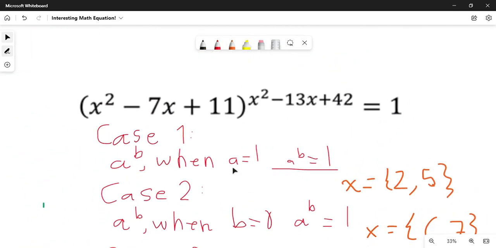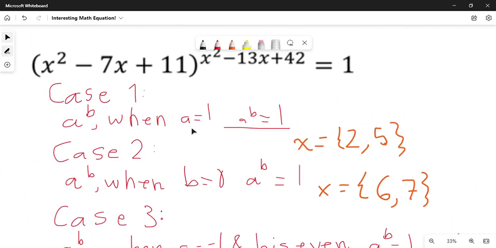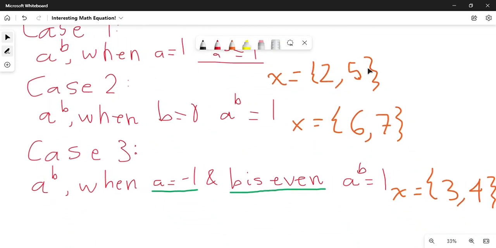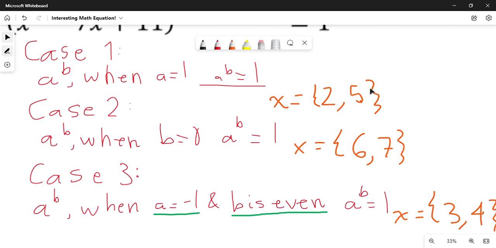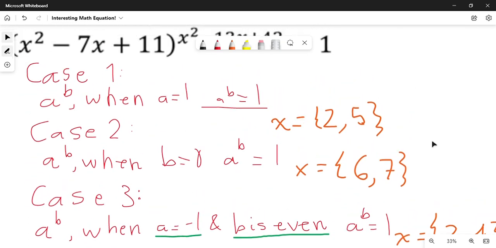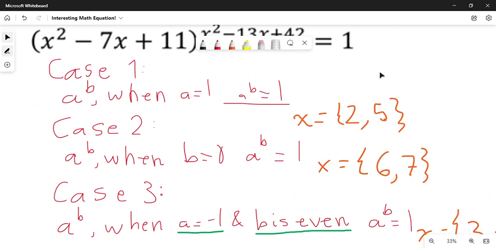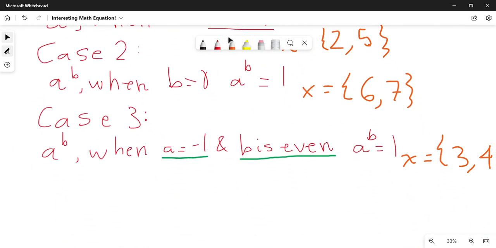That's all the casework we need to solve this problem, and those are the x values we get for each case. So basically now we just group them.